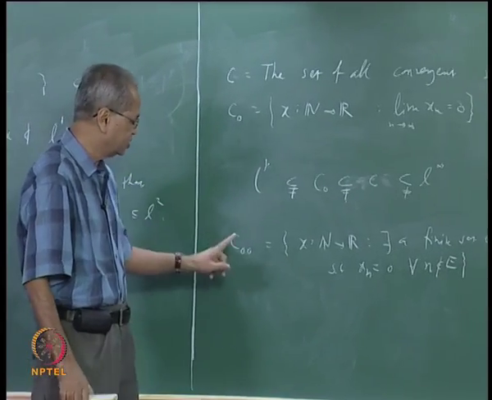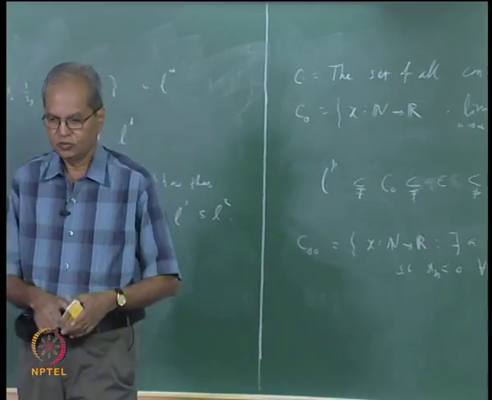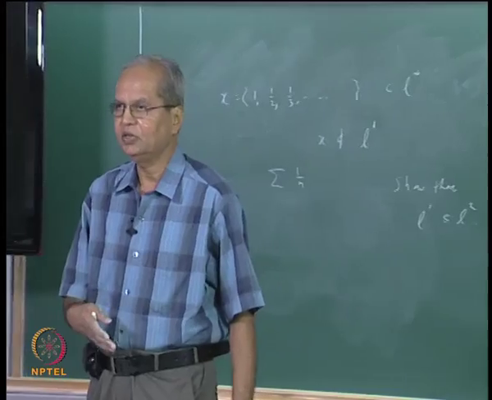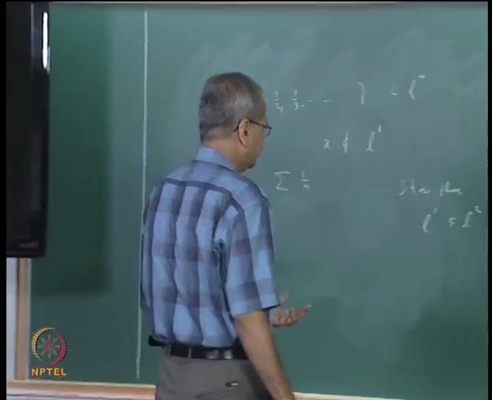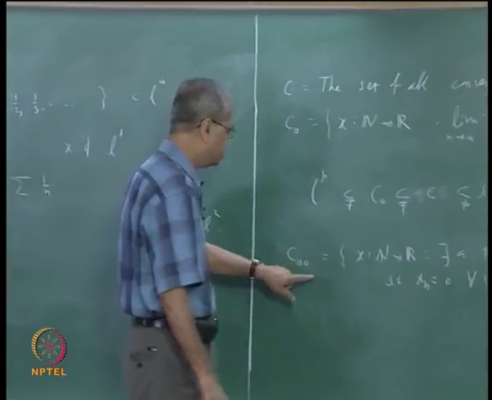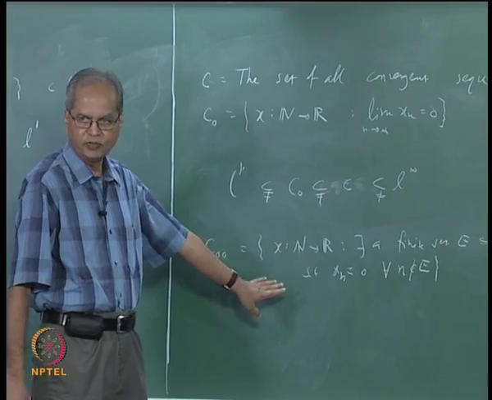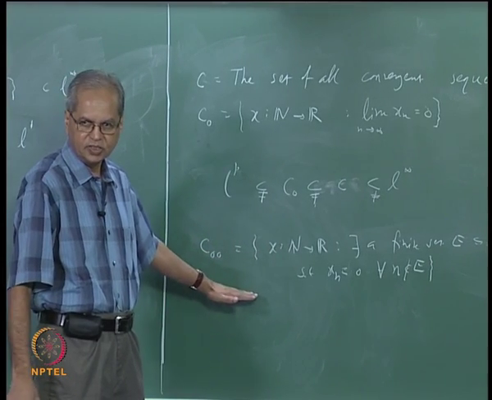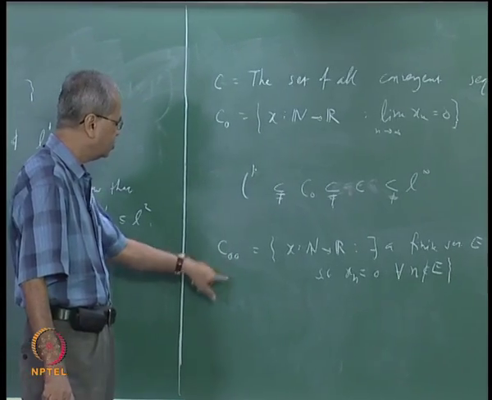Remember we had seen a property called eventually something happens. This is also described by all those sequences which become 0 eventually, that is C0 naught. What is the relationship between C0 naught and LP?